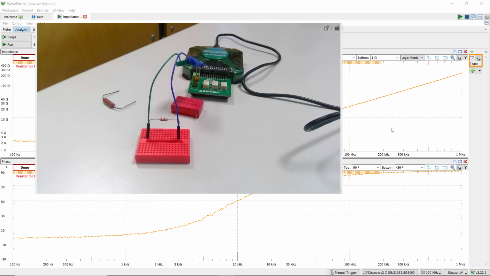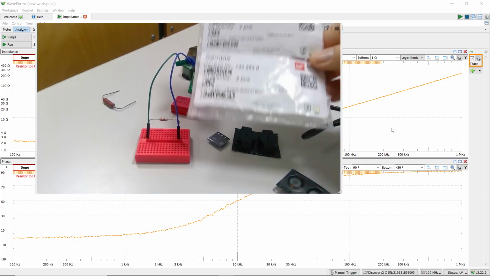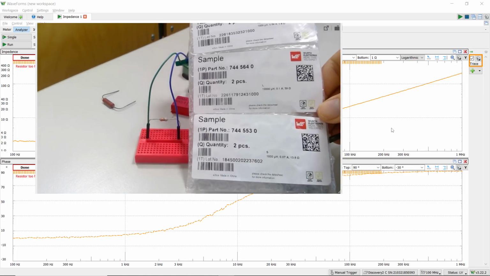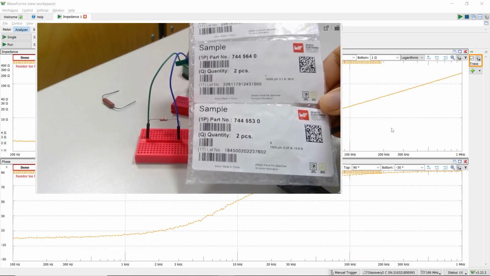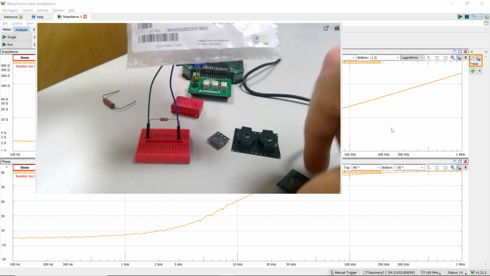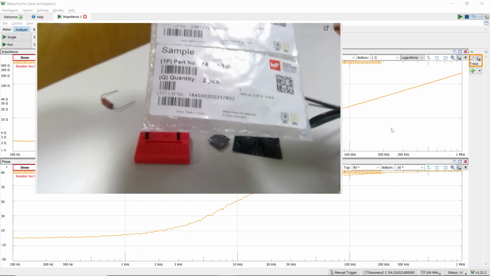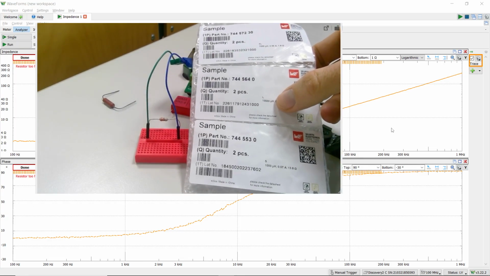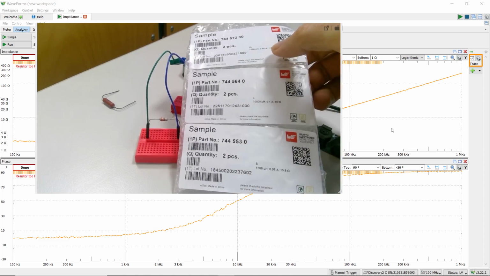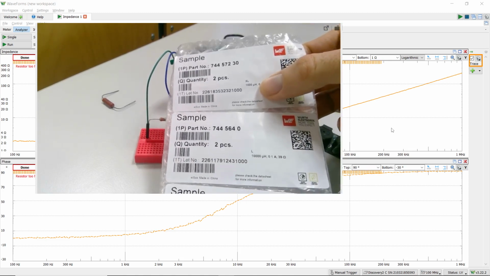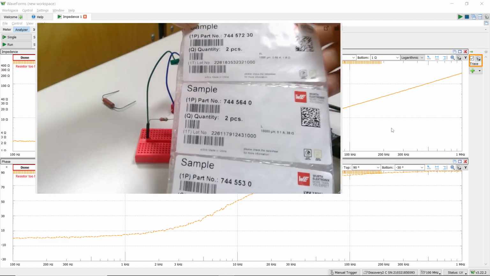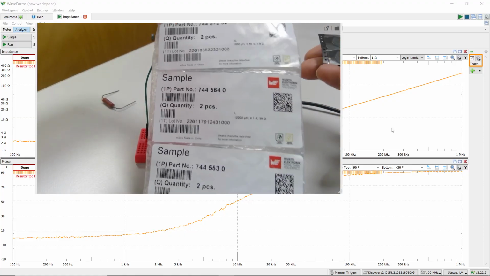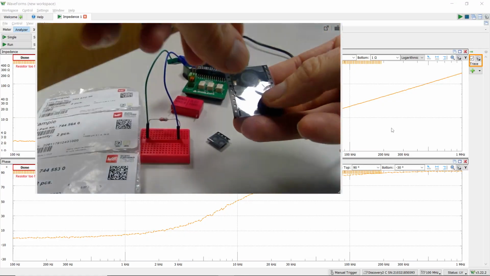What else we can try is I got some new samples from Würth Elektronik, and I'm not sure which is what here, but you can see that there's something like 10,000 microhenry, 1,000 microhenry, and another 1,000 microhenry or 1 millihenry. And these are how these coils look like.